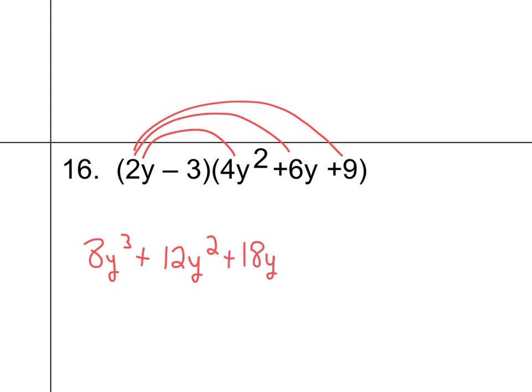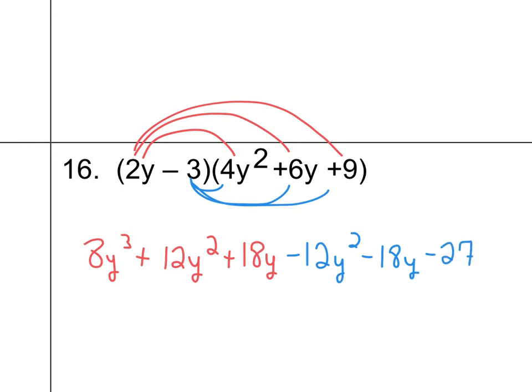So we got our first one done. Now we move to the second. Negative 3 times 4y squared, negative 12y squared. Negative 3 times 6y would be negative 18y. And negative 3 times positive 7, minus 27.